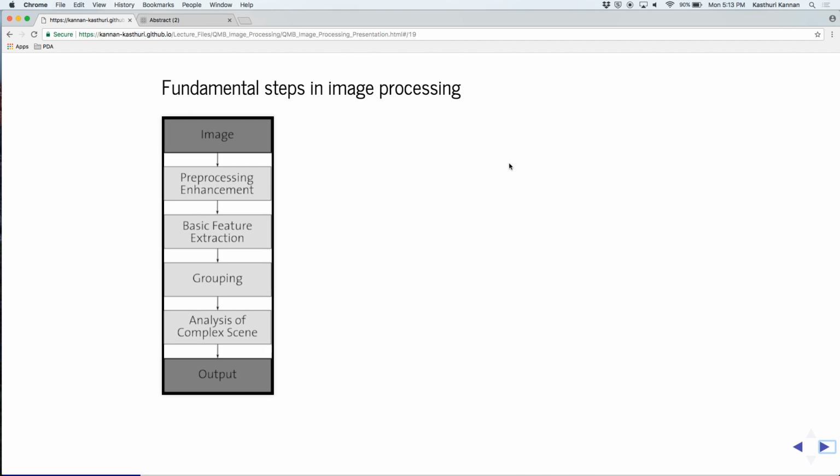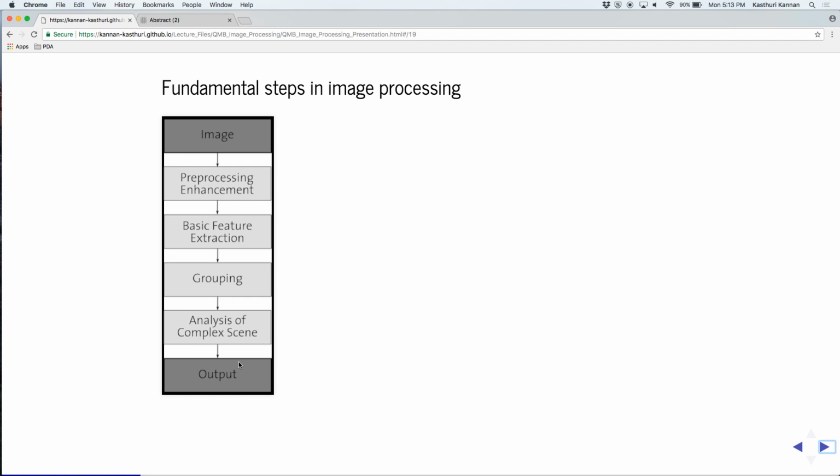If you look at the fundamental steps in image processing, you have an image, and then we pre-process it, for example with enhancement. This is one of the basic steps. Then we do feature extraction, and some of these features we can group, analyze the complex scene, and then produce the output. But it differs.